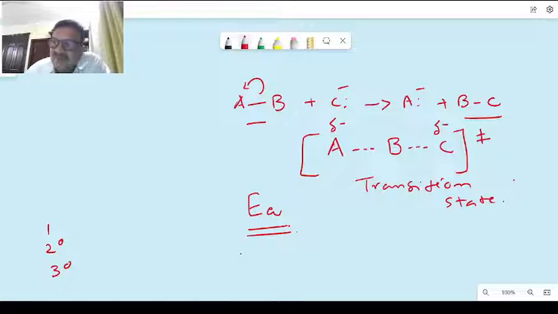So how will you determine the relative rates of two reactions? Now we have to see the relative energies of the two transition states there. So for the relative rates of two reactions, how will you see? The relative energy of the two transition states we have to see. So according to the Hammond Postulate, the transition state of a reaction will resemble the structure and energy of the species, that is, the reactants or products to which it is closer in energy. Correct?